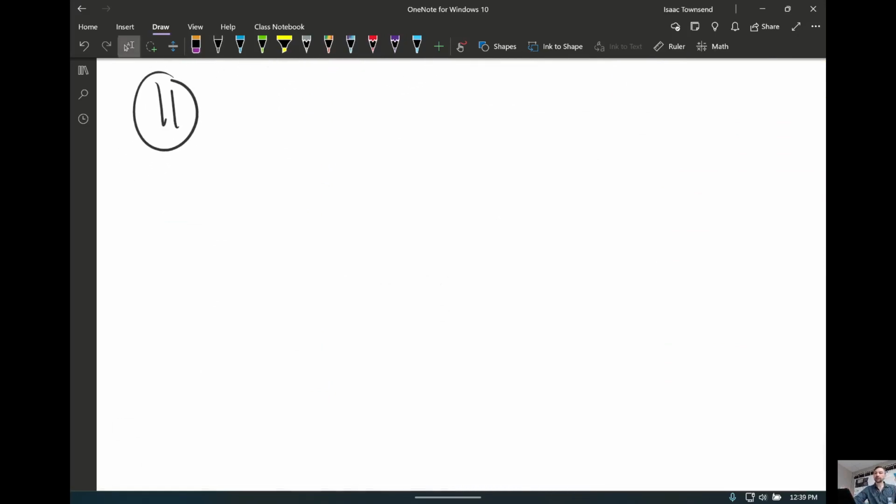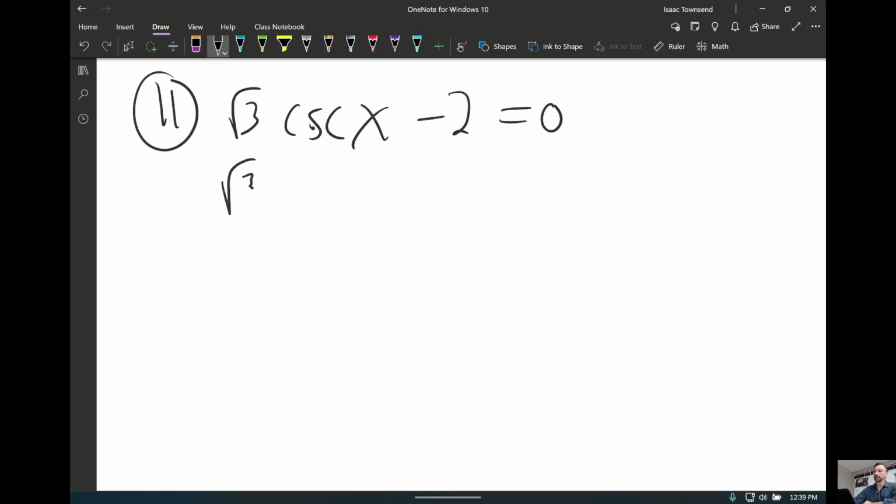Okay, 11 wants to know the square root of 3 times the cosecant of what angles could you take away 2 and still end up with 0? Alright, well, I can undo the minus 2 with the plus 2.